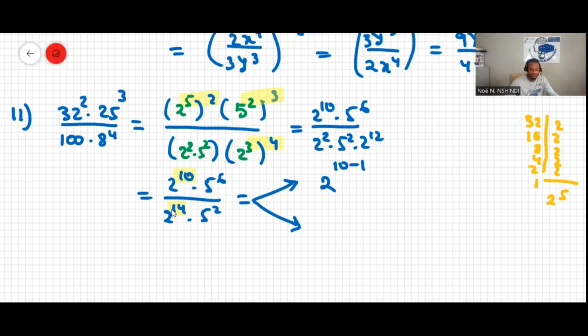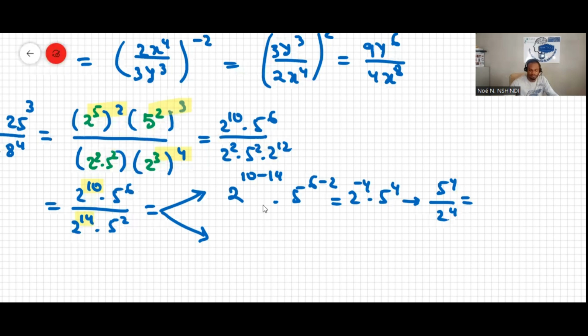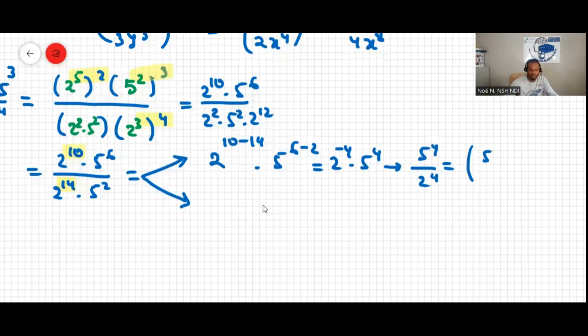So I say minus 14 because it is at the denominator, multiplied by 5 to the 6, and then minus 2. And this will be 2 to the negative 4, 5 to the 4. Okay, and then this will be what? 5 to the 4 over 2 to the 4, which can be written as 5 over 2 all to the power 4.